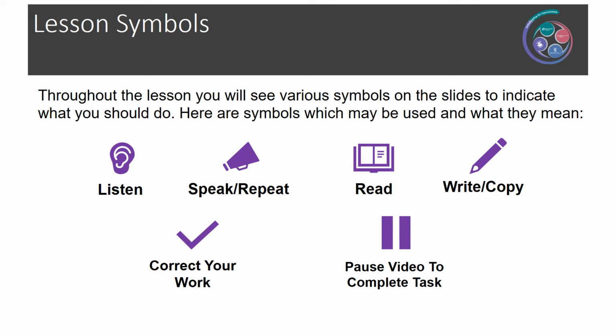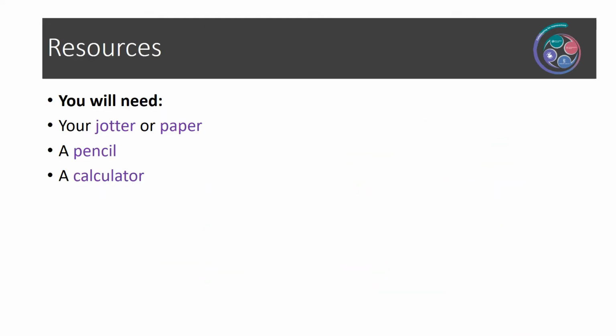Of all the options, we'll use the read function, write and copy, and pause and correct your work. These will be the most frequently used throughout this presentation, and you'll find them in the bottom right-hand corner.